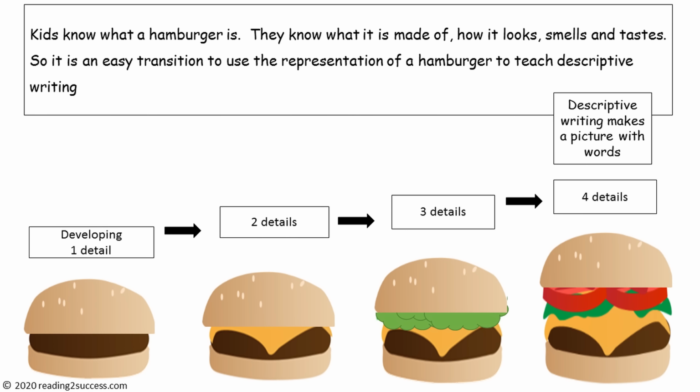Now review the 4 activities with kids and talk about the development of adding each detail and how much better the 4th hamburger is compared to the 1st hamburger, and how the reader can visualize how great it is to eat a hamburger.